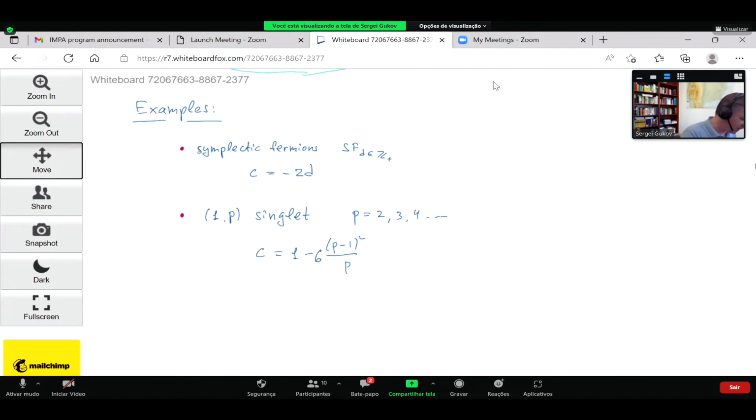And then there is an analogous model called triplet. Also a 1, p triplet log VOA with the same central charge. So maybe I'll just say it here, same value of c and same value of p.